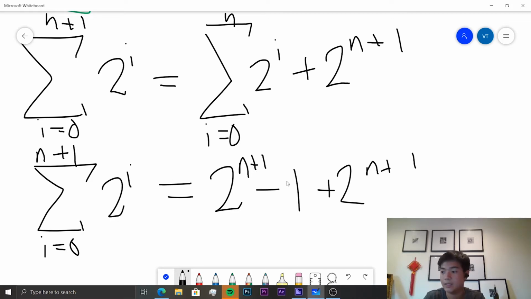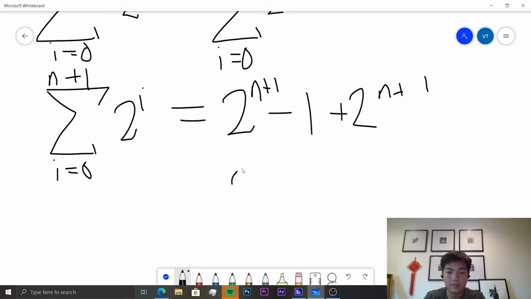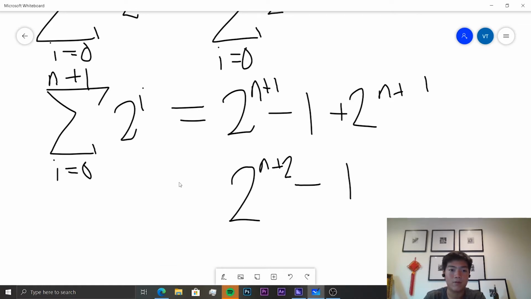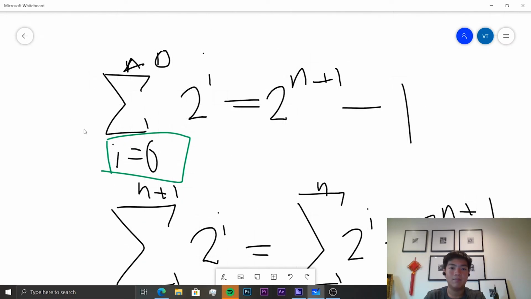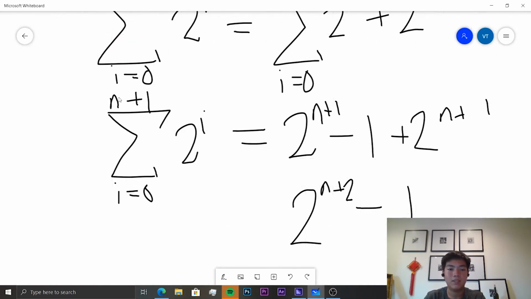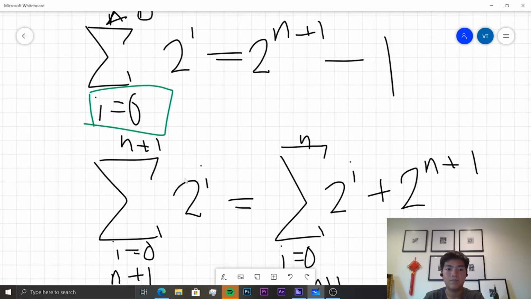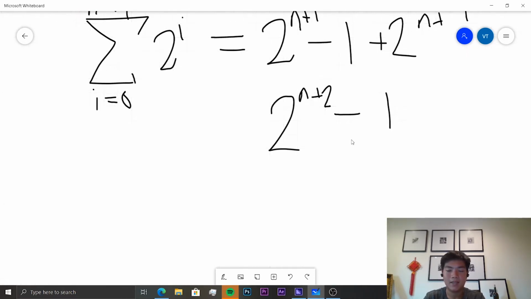So this is equal to 2 to the n plus 2 minus 1. And so, therefore, we've proved the inductive step: if we assume this is true, then if we add 1 to the number, it will still hold true. Since we've proved the basic step and the inductive step, through mathematical induction, we should have proved this correct.